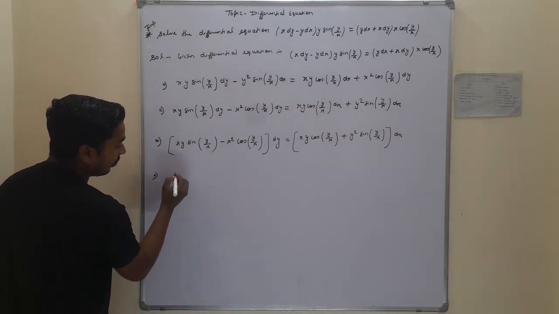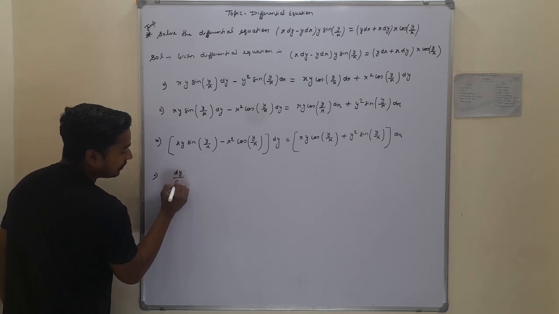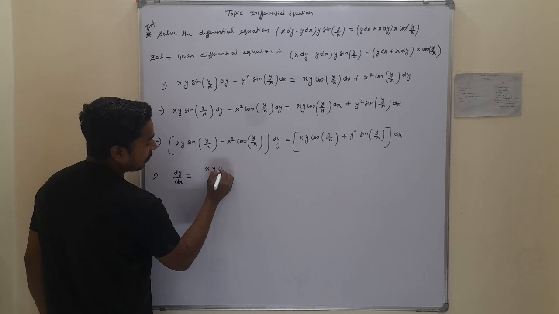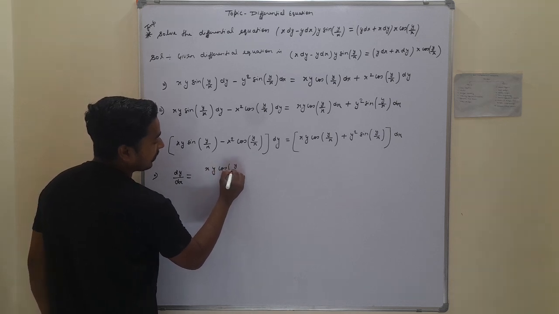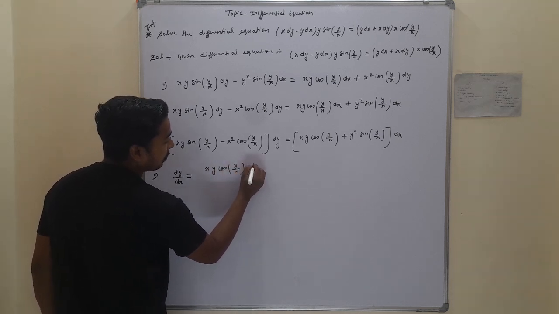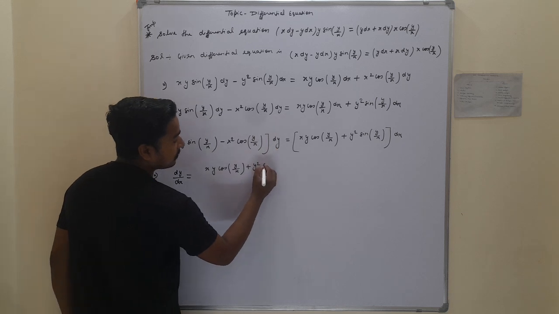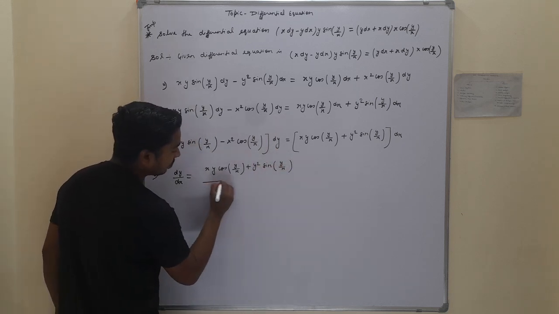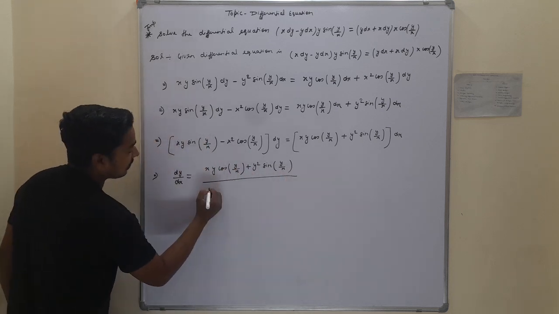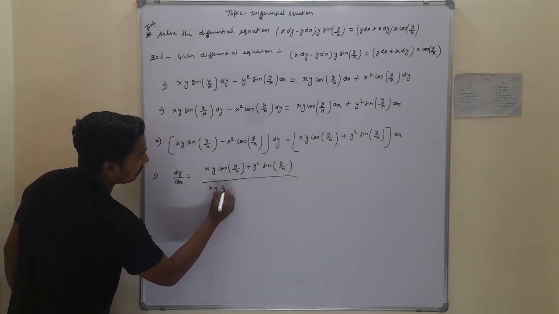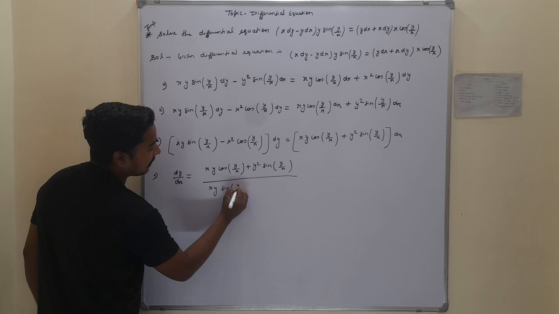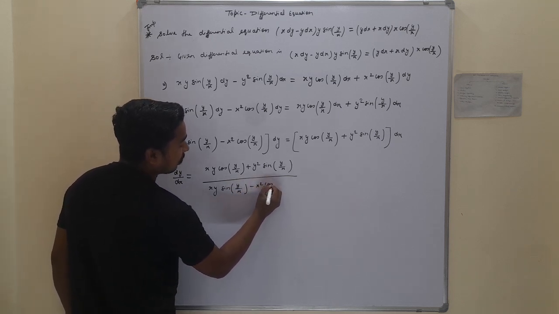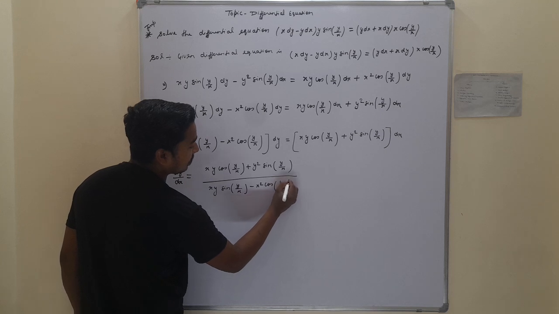So dy/dx = [xy cos(y/x) + y² sin(y/x)] / [xy sin(y/x) − x² cos(y/x)].